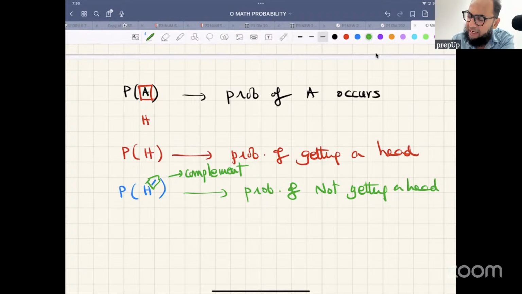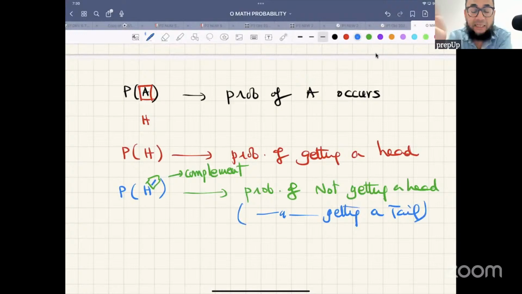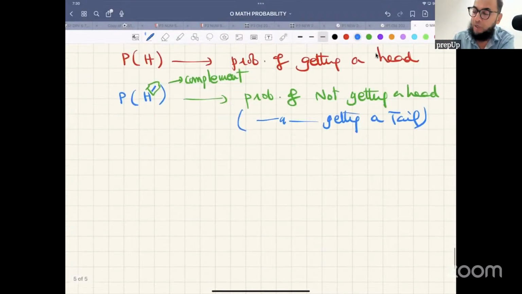Isn't that the same thing as probability of getting a tail? The answer is yes. Because there are two sides to a coin, either you will get a head or you won't get a head. So if the probability of H is half, probability of not H is also half.